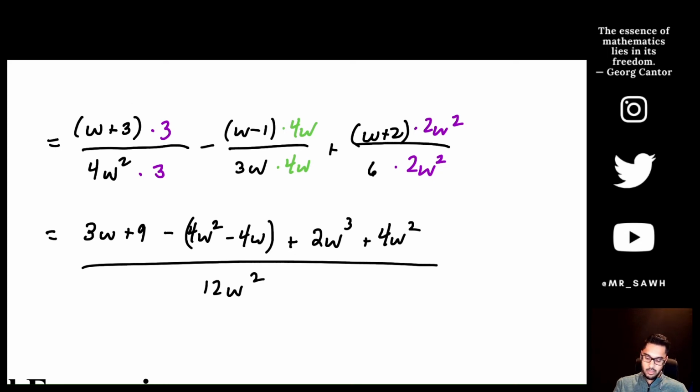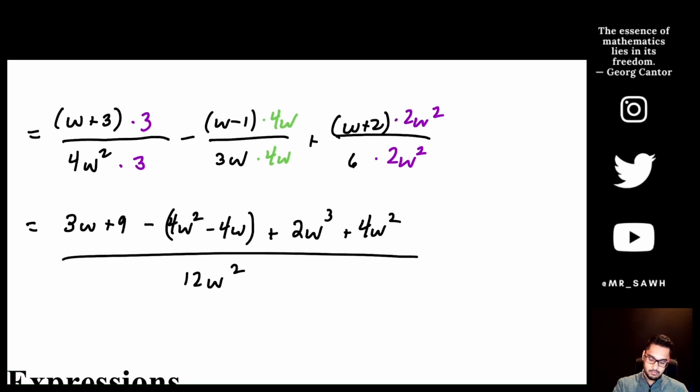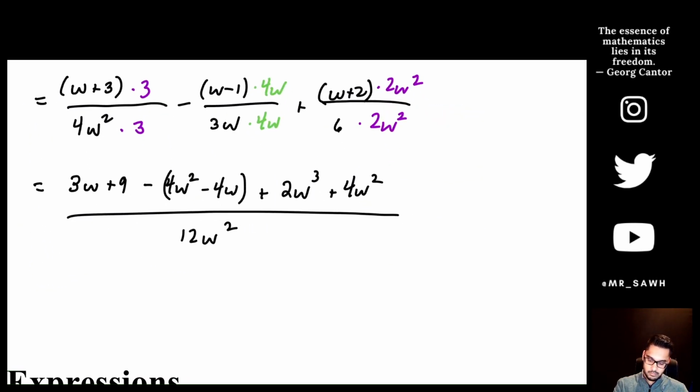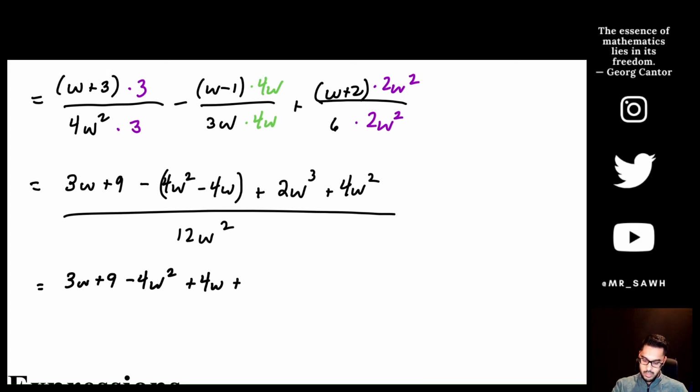Okay, so the numerator can get simplified one more step. I've got a negative sign in the brackets to deal with. So I get 3w plus 9 minus 4w squared plus 4w plus 2w cubed plus 4w squared, whole thing divided by 12w squared.